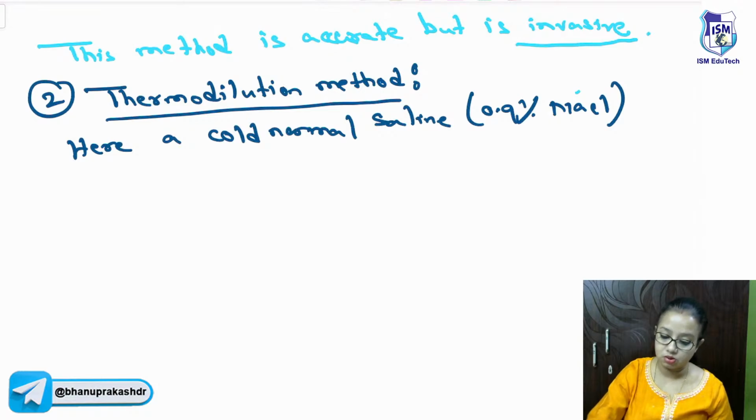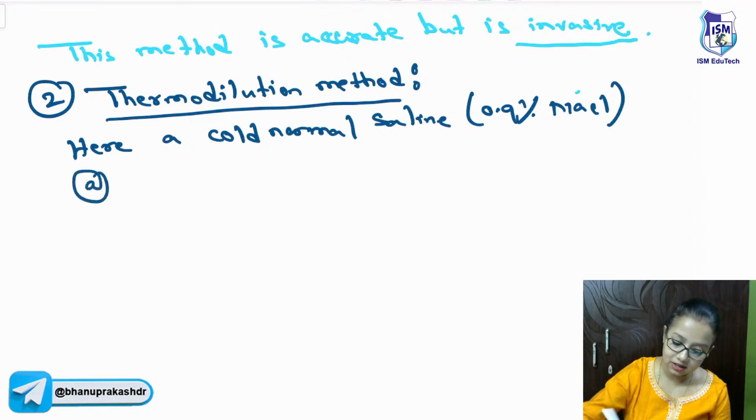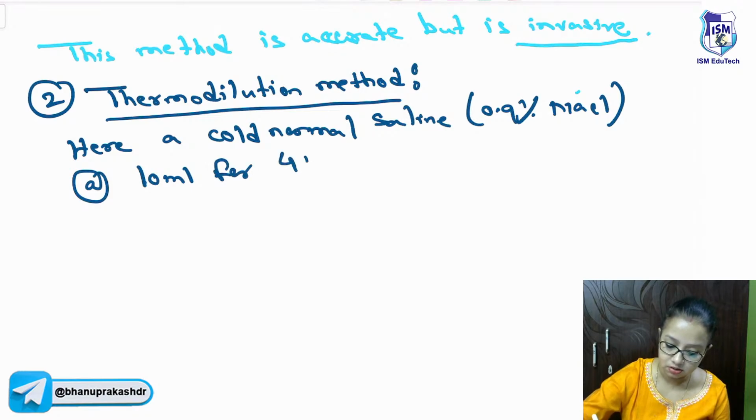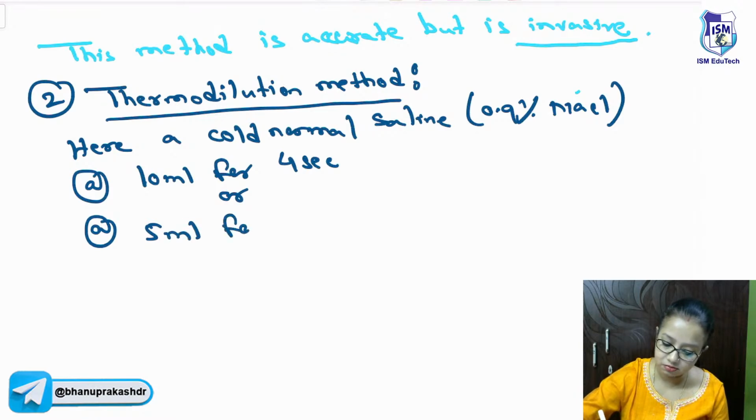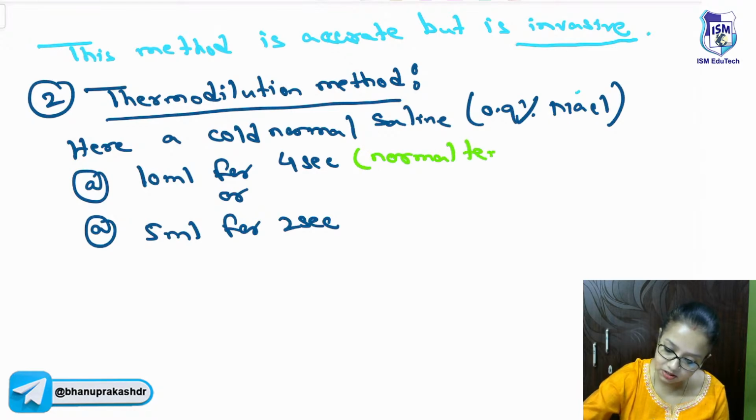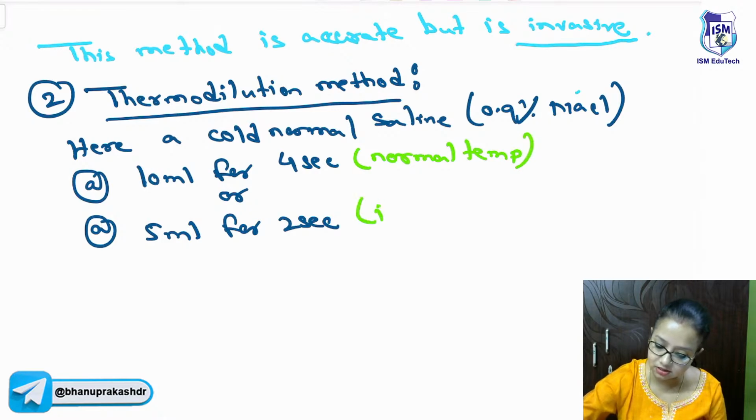So this is a cold normal saline at the rate of 10 ml for 4 seconds, that is at room temperature, or at the rate of 5 ml for 2 seconds. Now this is if it is at normal temperature, and this is the ice cold saline.